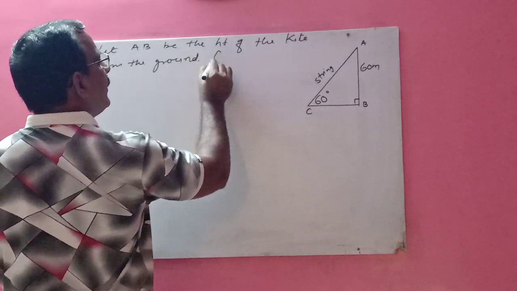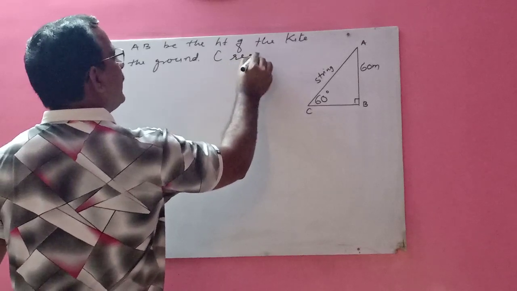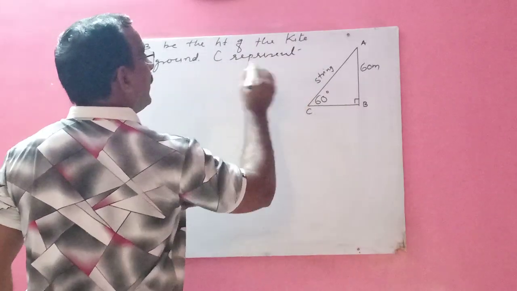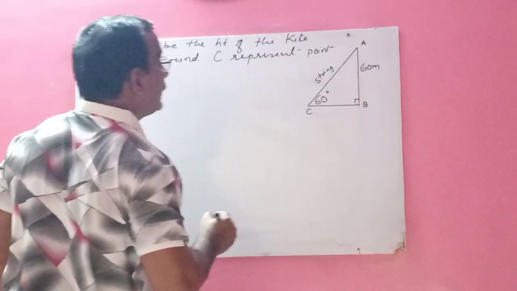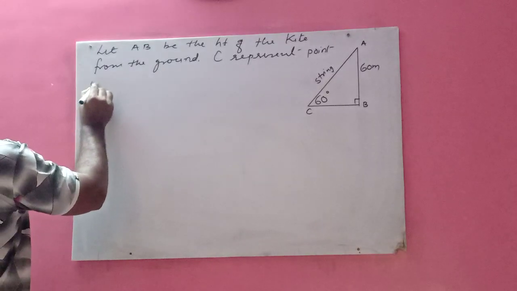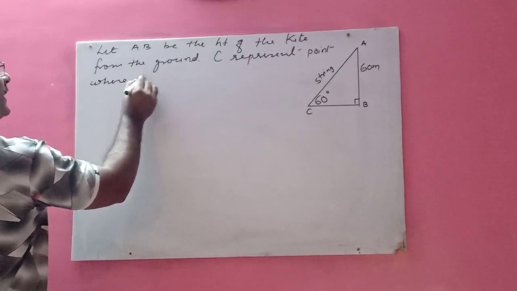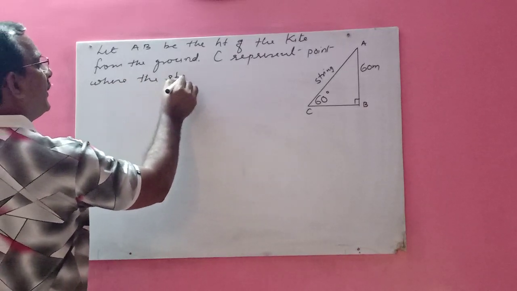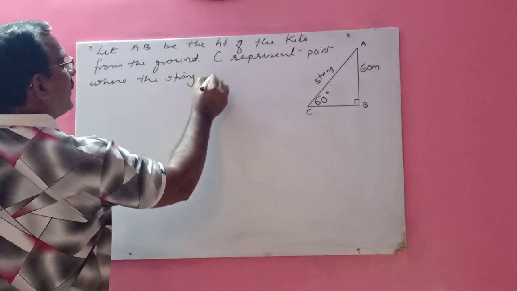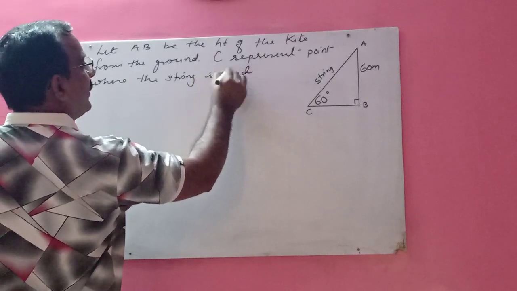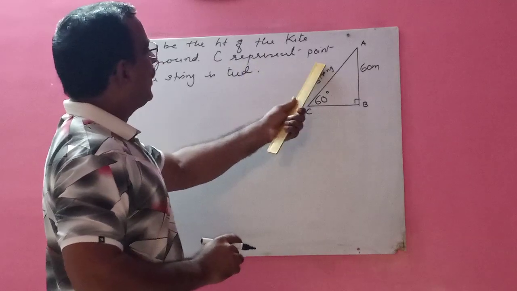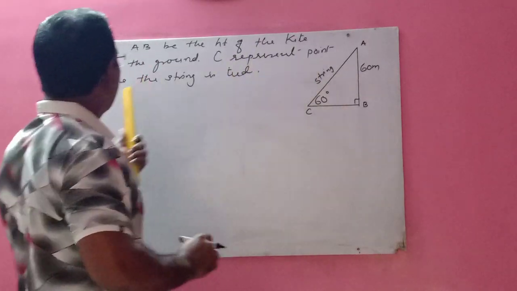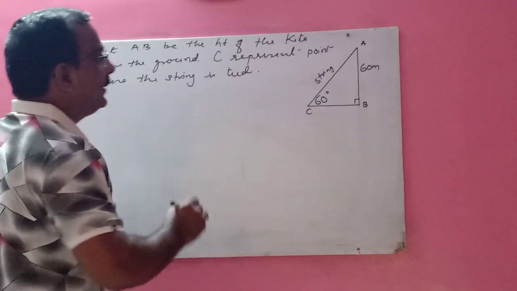C represents the point where the string is tied. Point C represents what? C represents the point where the string is tied.